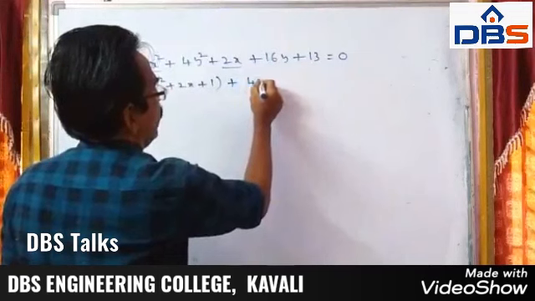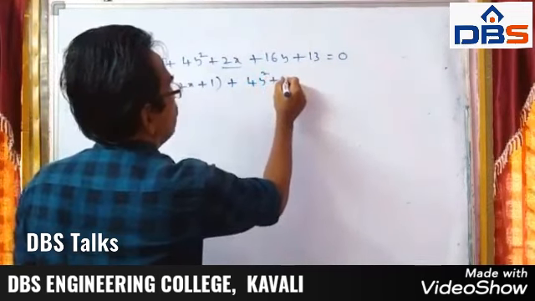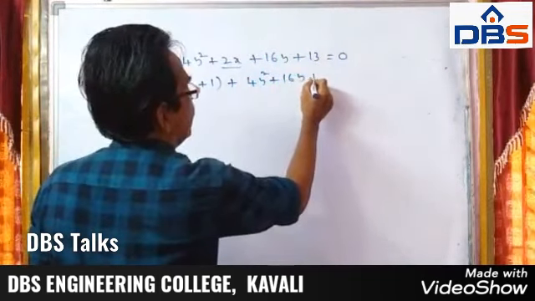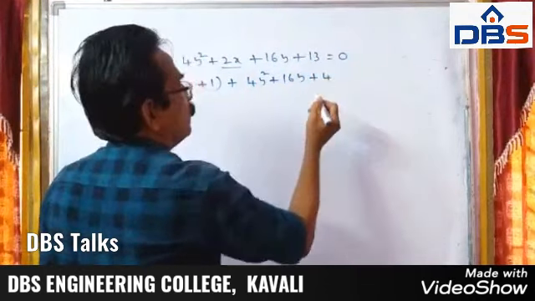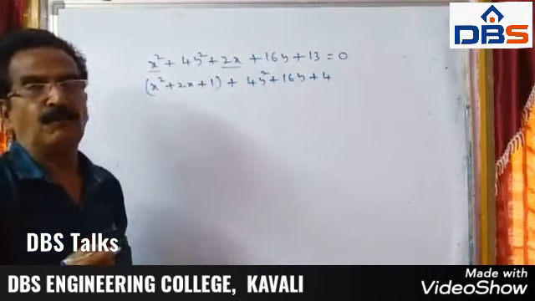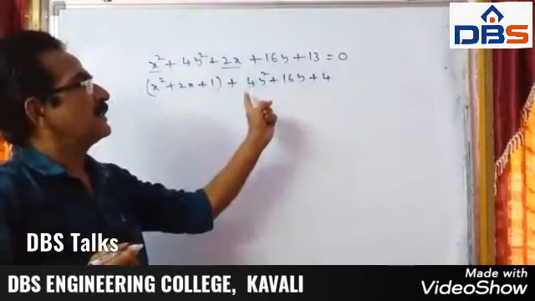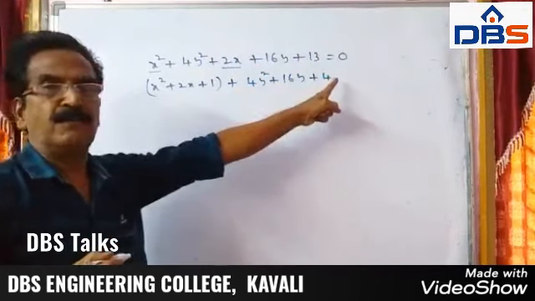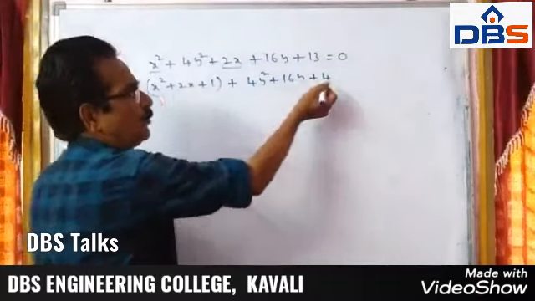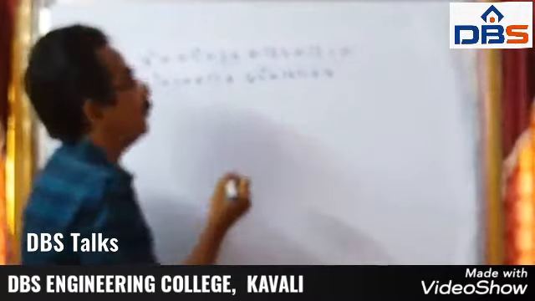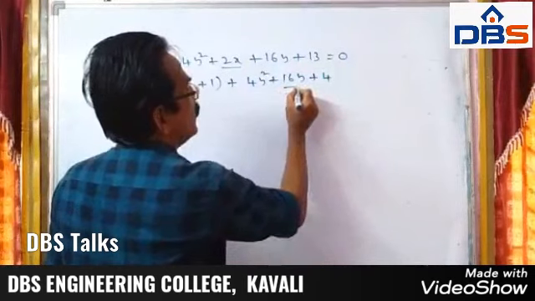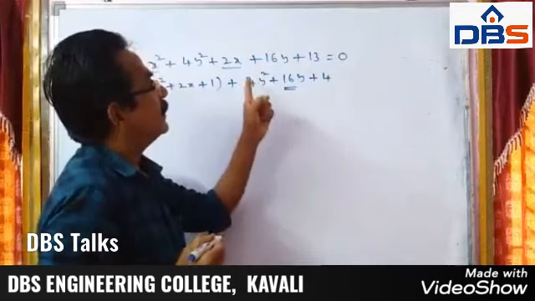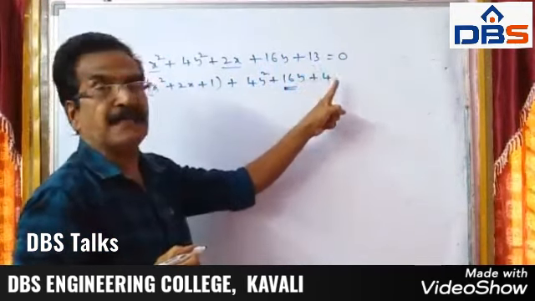Next 4y square plus 16y plus 4. We have added 4 because this becomes 4 into (y plus 2) whole square. What to be added? How do we know? This is the 2ab term: a square plus 2ab plus b square.